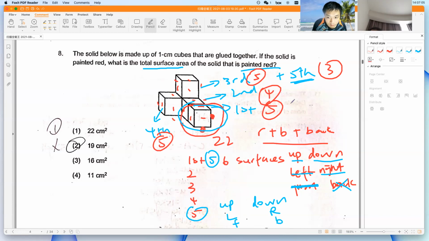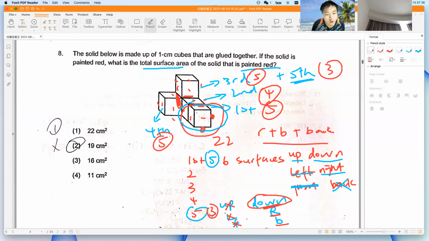For the fifth one, the front one is covered, so not painted red. The back one is exposed. The left one is covered here, so it's also not painted. The right side is exposed. The up here is covered. The down here is exposed. That's why I get 3 for the fifth cube.